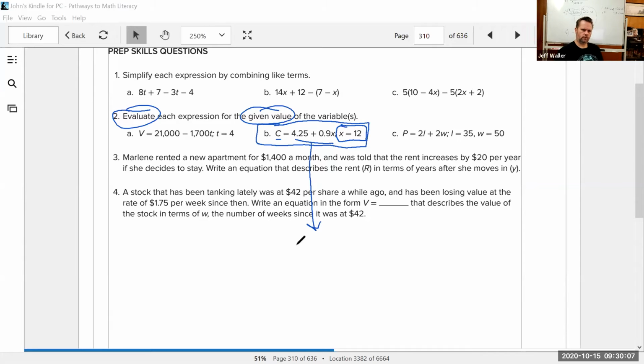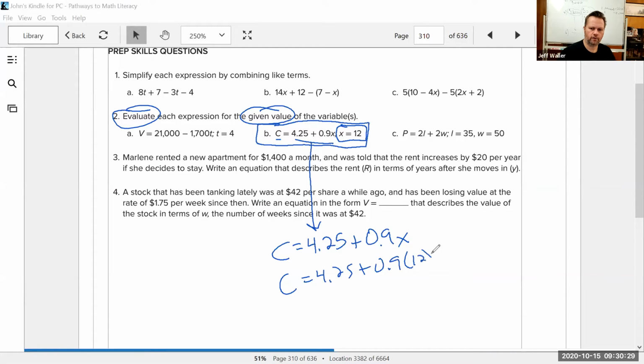All right. So this is very much a basic skill. This is like the real foundations of algebra, just being able to plug a value in for a variable. So this is 0.9 times X, but I know that X is 12.